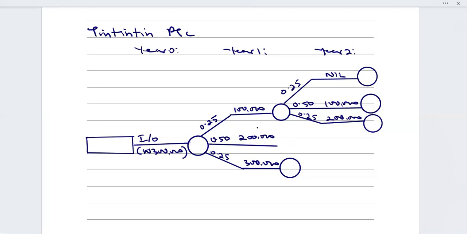Let me put this one down too. You see now, this is what I was telling you the other time. So there will be mistakes. Let me push this one down a little bit. This is 300,000. Then 0.25 will come down to 0.25.